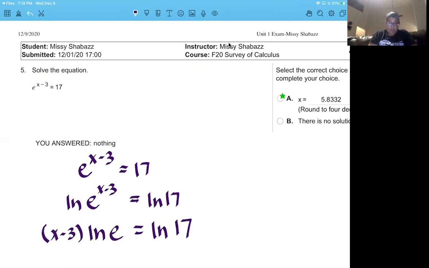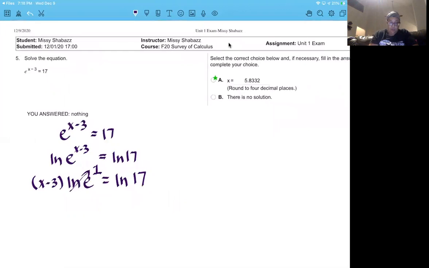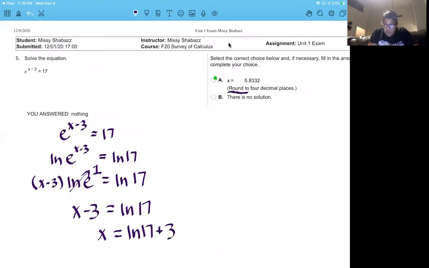Now I know that natural log of e is equal to 1. So what I have left is x minus 3 is equal to natural log of 17. I'm going to add 3 to both sides, and so I get natural log of 17 plus 3. Now they tell me to round to 4 decimal places.